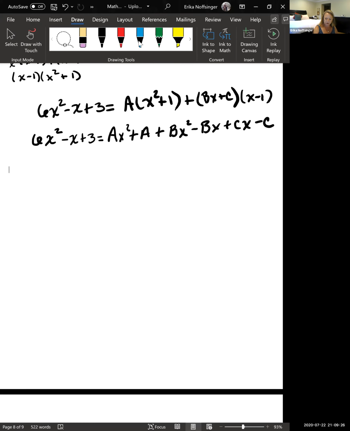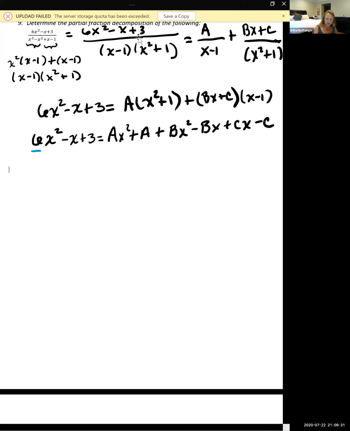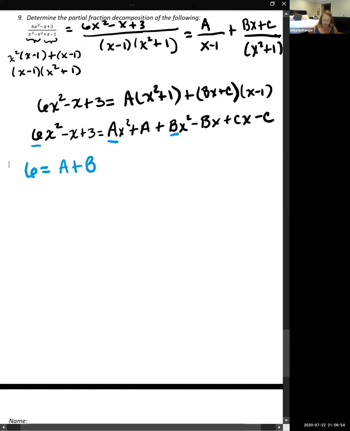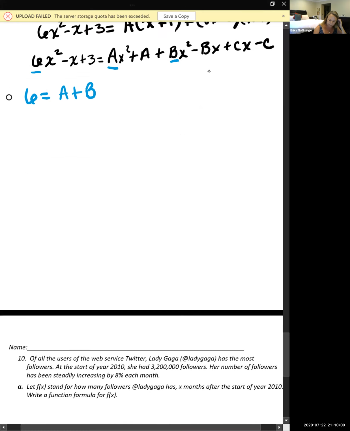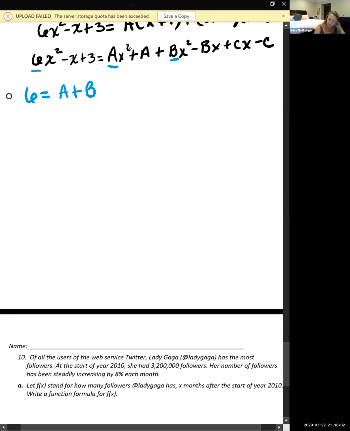Okay, so when we're doing this, we want to look at our coefficient in front of the x squared. Our 6x squared, well, when we look at all of our terms and sum them over here, the Ax squared plus the Bx squared, this A plus B would have to sum to give us 6. So we know 6 is equal to A plus B. You don't have to worry about the variable piece. Now let's look at the coefficients in front of our x term.